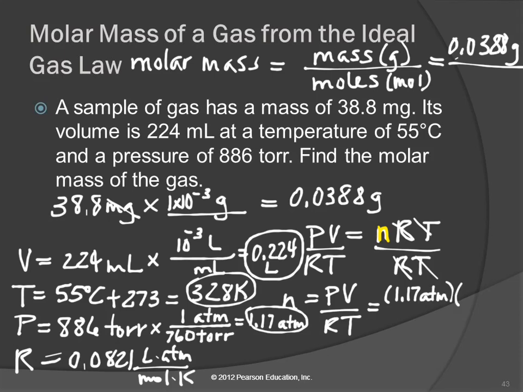The volume, 0.224 liters. Divide by R, 0.0821 liters atmospheres per mole Kelvin. And the temperature goes down there too, 328 Kelvin.